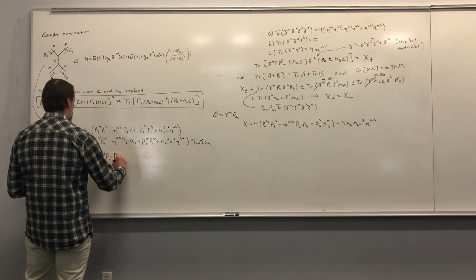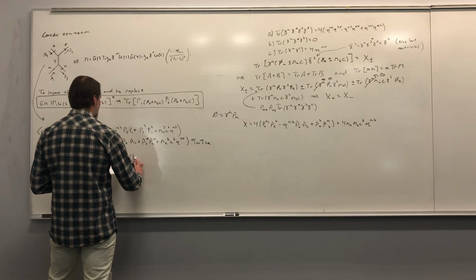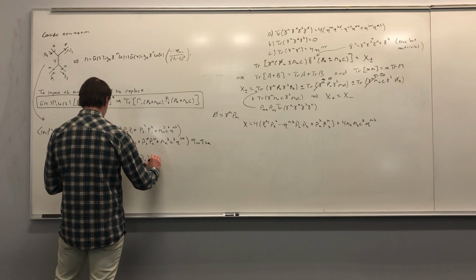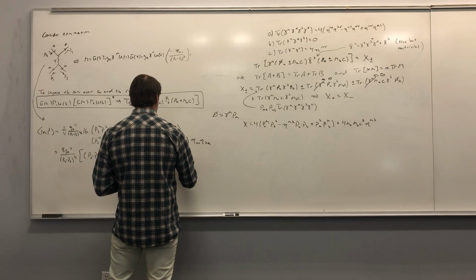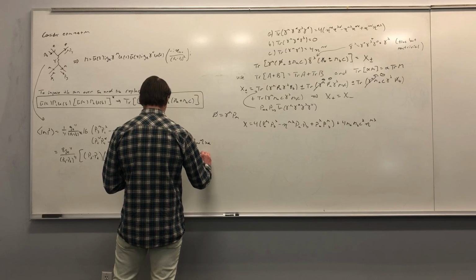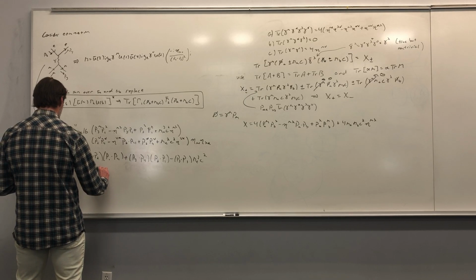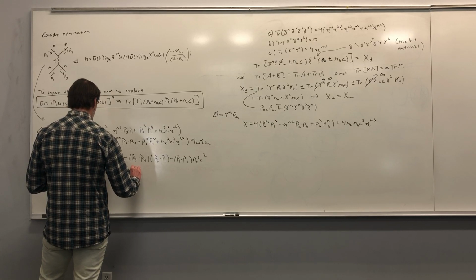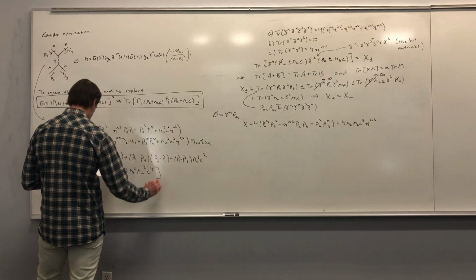P1 dot P4 plus P3 dot P4 P2 dot P1 minus P3 dot P1 ME squared C squared minus P2 dot P4 M mu squared C squared plus 2 ME squared M mu squared C to the fourth.